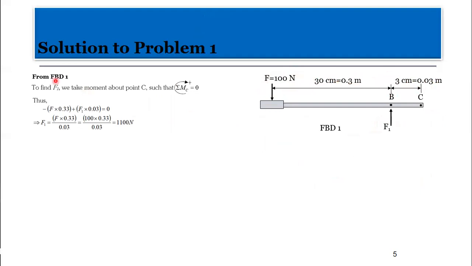That's why we have F times 0.33, all in bracket, negative, right? Negative value. And then plus F1, which is going to give us clockwise, turning in the clockwise direction, okay? This way. So that will be F1 times 0.03. And when we sum that, we equate it to 0.